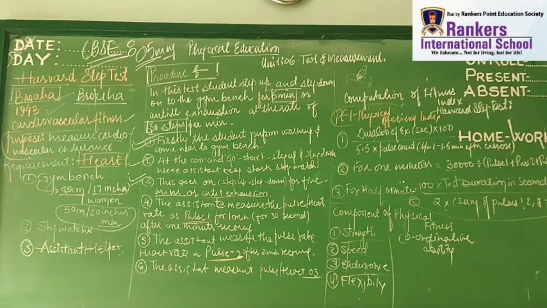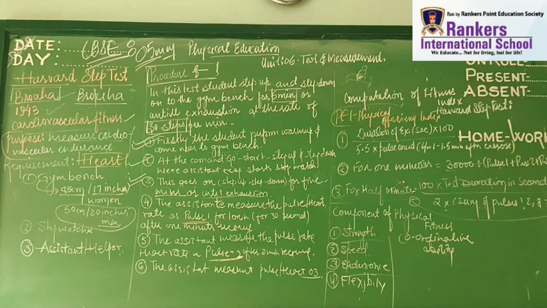These 5 physical components need to be understood very nicely, and these physical fitness components should be very good. Otherwise, there will be a lot of problems to execute such kinds of things, right?